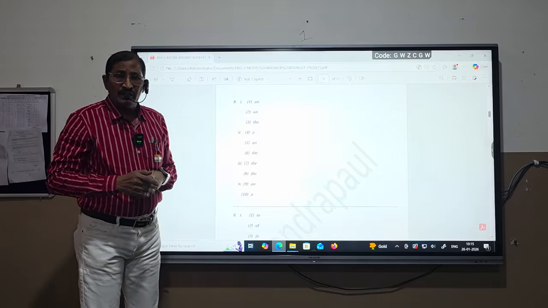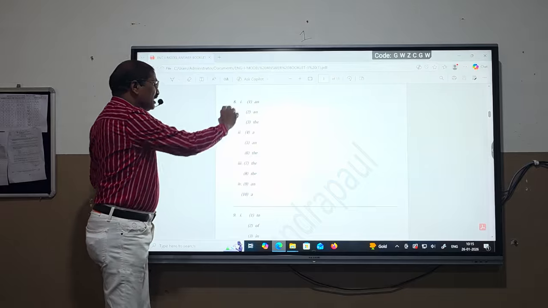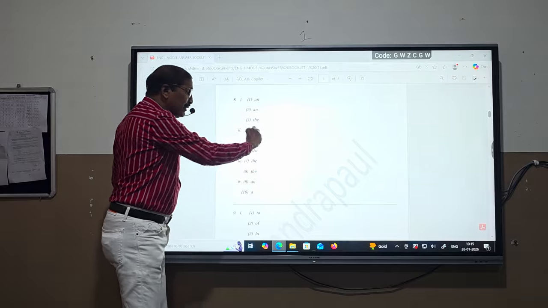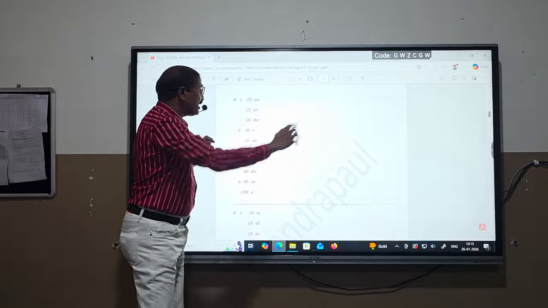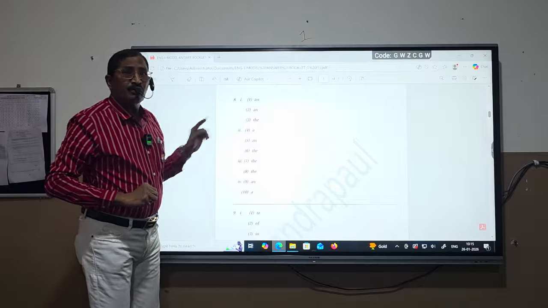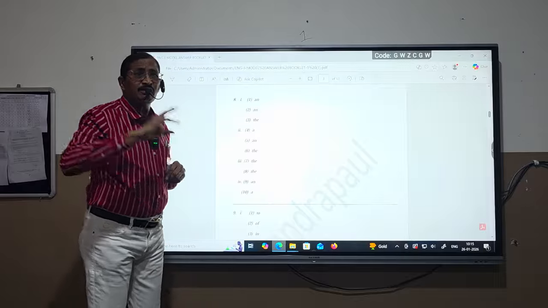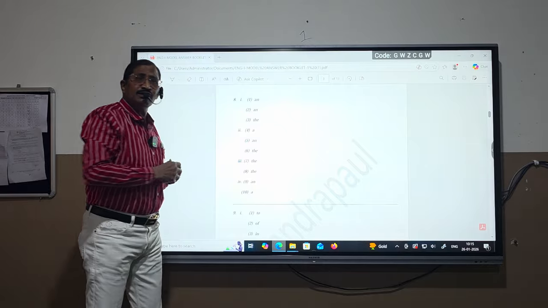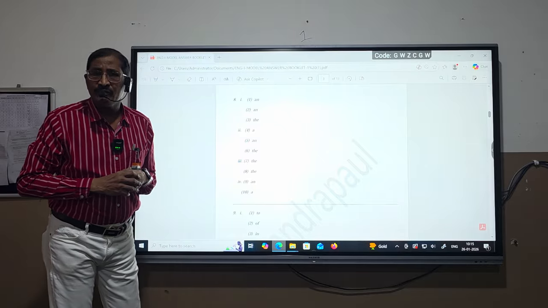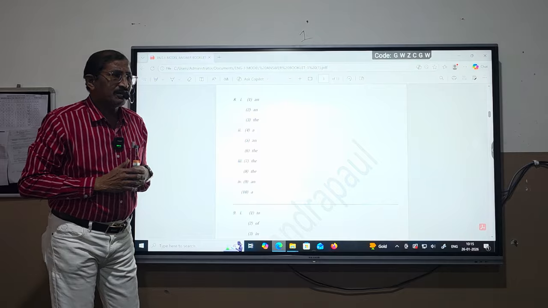But like in the model question paper, they may give some paragraphs. In the first paragraph, 3 blanks. In the second paragraph, 3 blanks. In the third, 2 blanks. In the fourth, 2 blanks. It is very confusing. Many people asked about it.